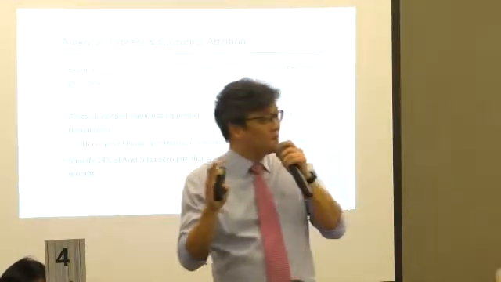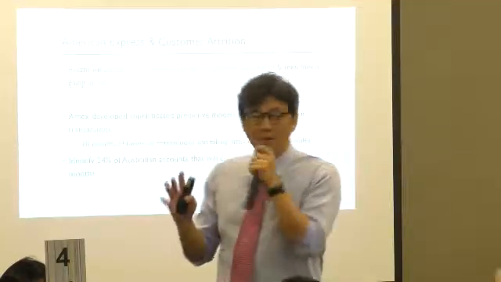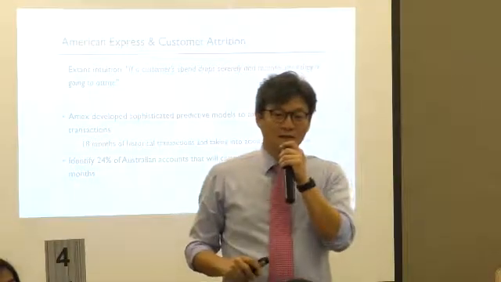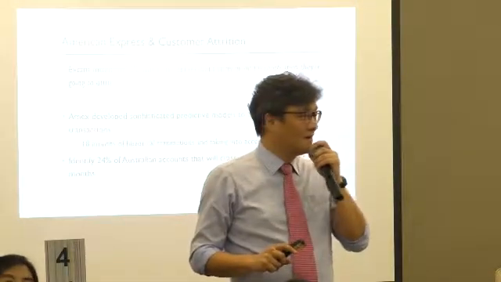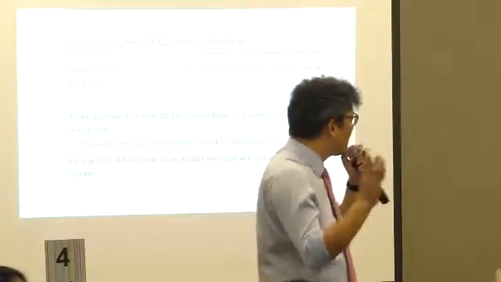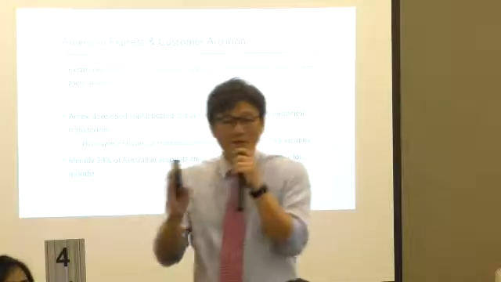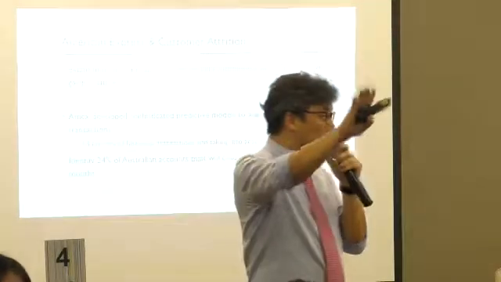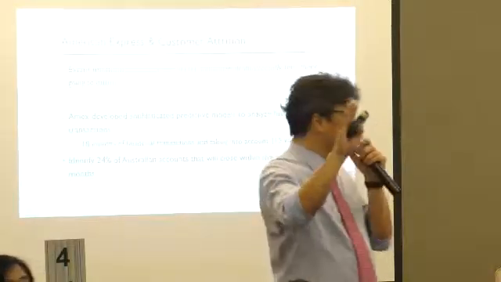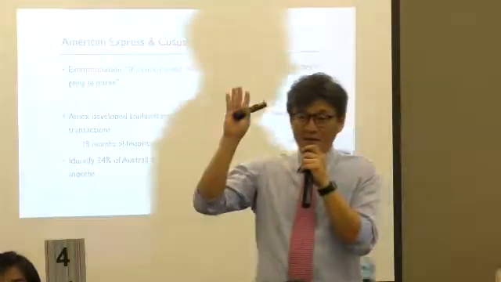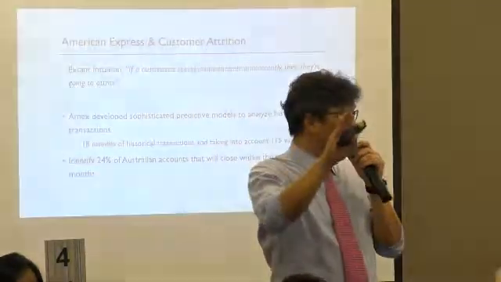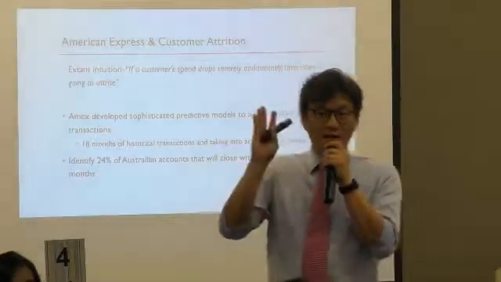This we can do with just the enterprise data, but what's the problem with this kind of analysis? It's too late to do anything about it. The timing of it is completely off. We know with very high certainty that if we observe that a customer's spend drops severely and recently, they're going to churn, and then it's too late.